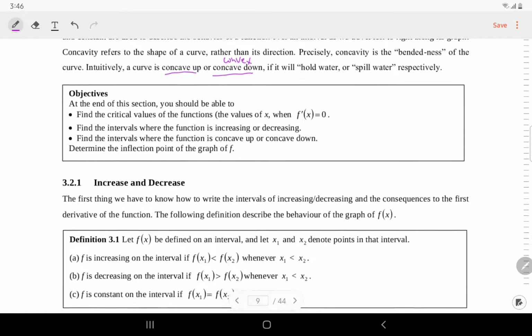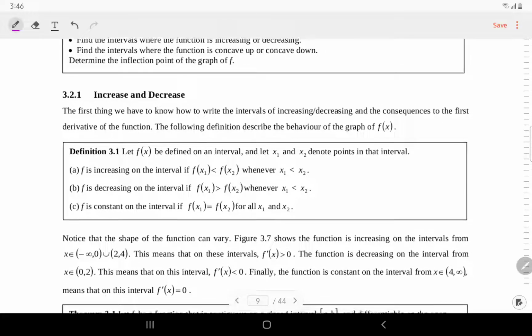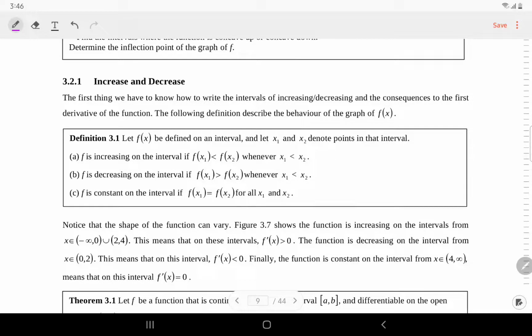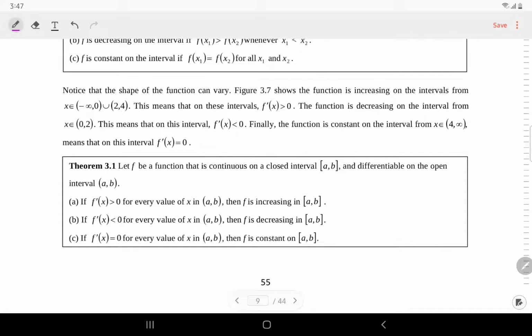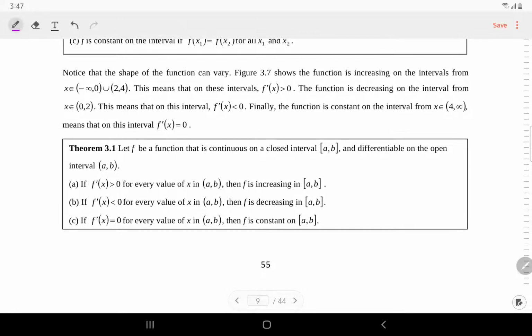Okay, the first one is about increasing and decreasing. How do we know whether the function is increasing or decreasing at a certain interval? Please look at theorem 3.1. This is the theorem for us to know whether the function is increasing or decreasing at a certain interval.